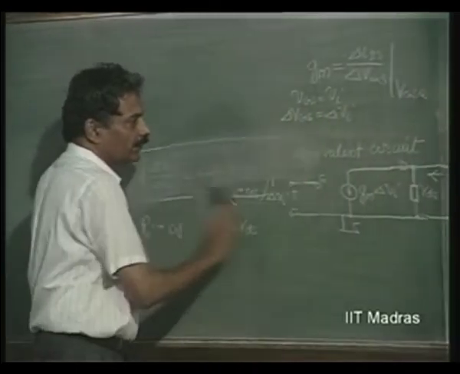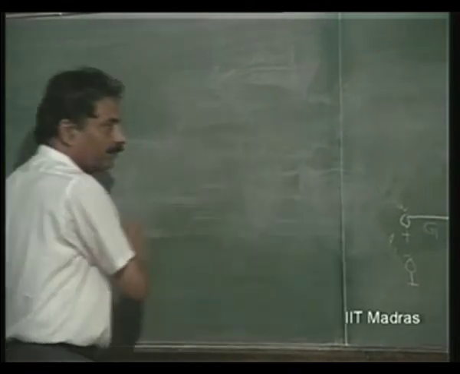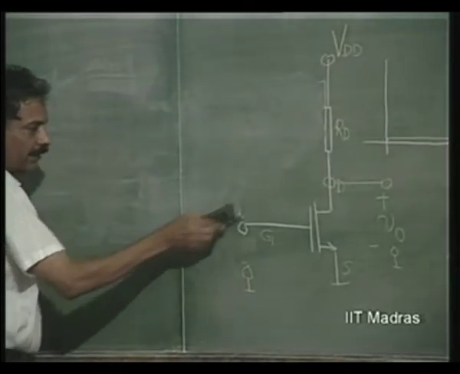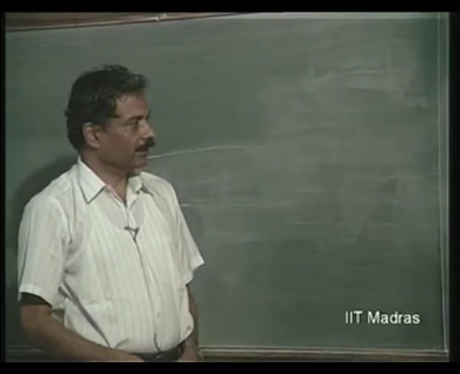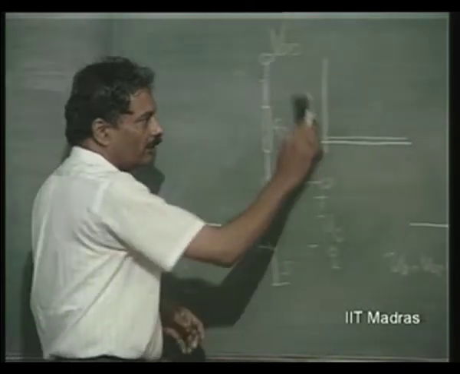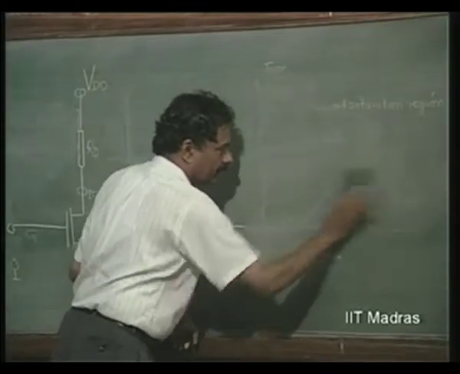Now, we will just see how the biasing arrangement also is similar to that of the bipolar junction transistor. I have to bias this at a certain voltage called VGSQ, otherwise it is not possible to operate this.